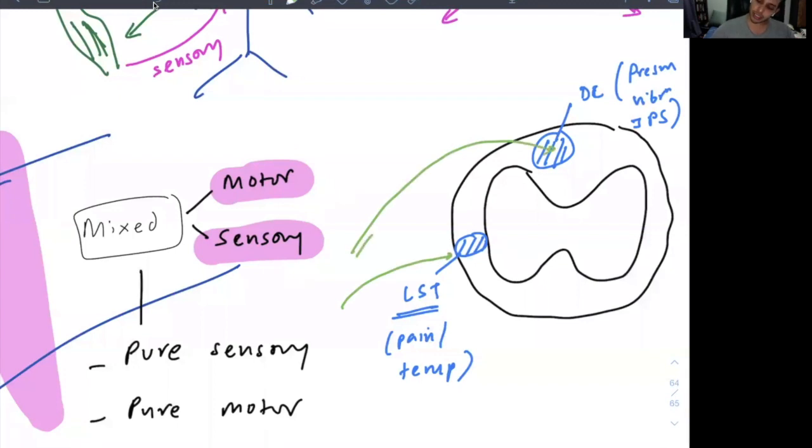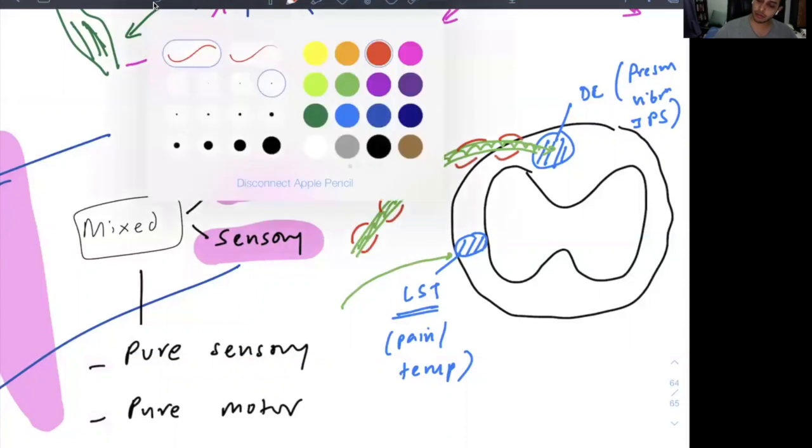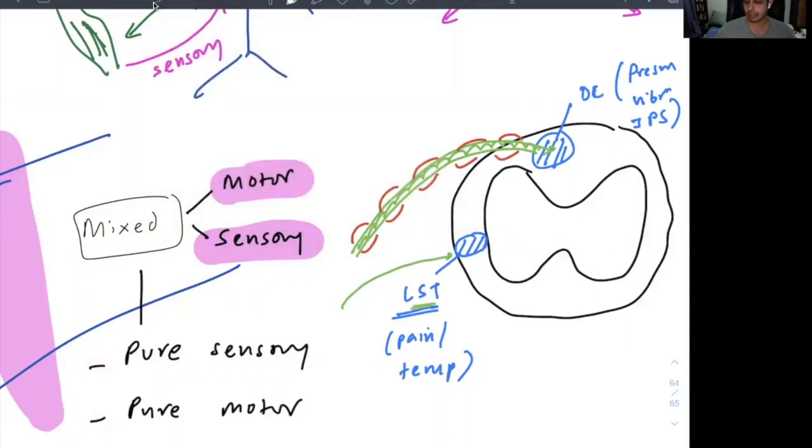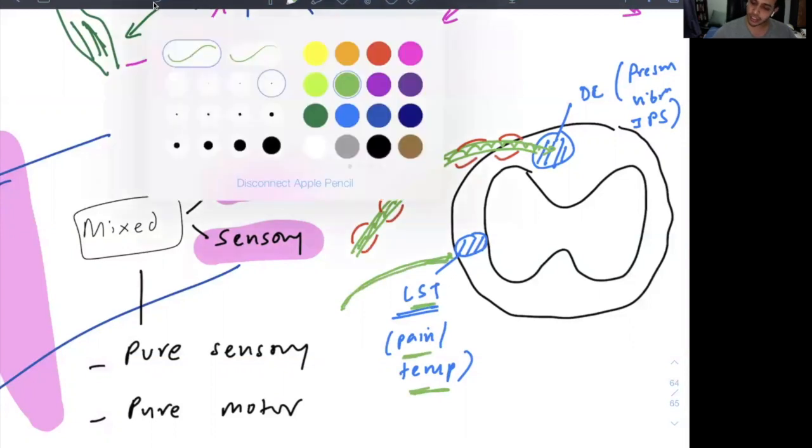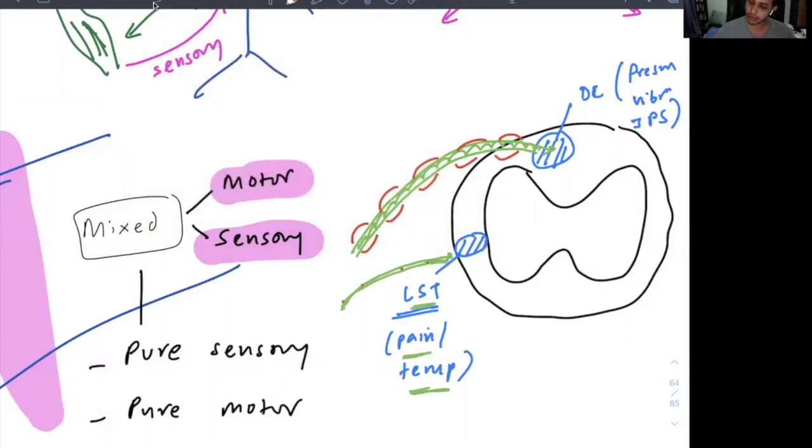So the nerve fibers that come to your posterior column are much thicker and they are myelinated. Okay, so we'll discuss this in a second. What does myelination mean? But these are myelinated fibers, whereas the fibers that come to your lateral spinothalamic that transmit pain and temperature are thinner, and they either don't have myelin or they have very thin myelin. Okay, so they are thinly myelinated. So that is the difference between these two.